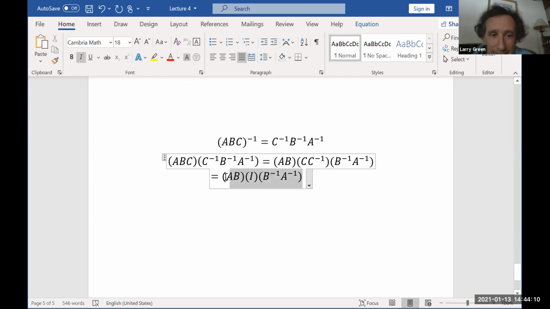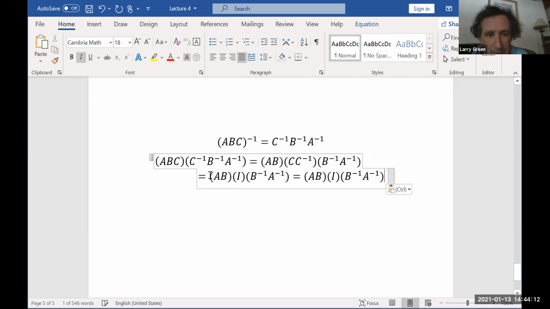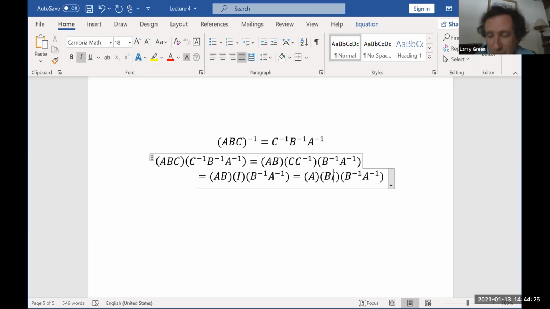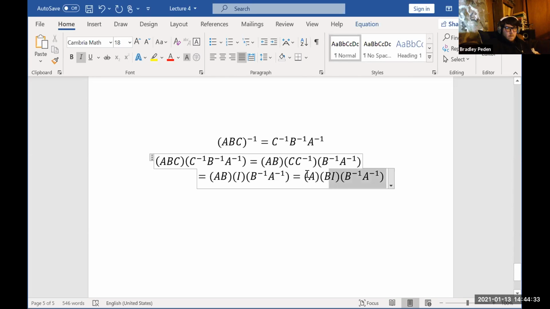Now I can adjust the parentheses however I want. There's a few choices, and I'm going to do it this way. What's B times I? B. Good.